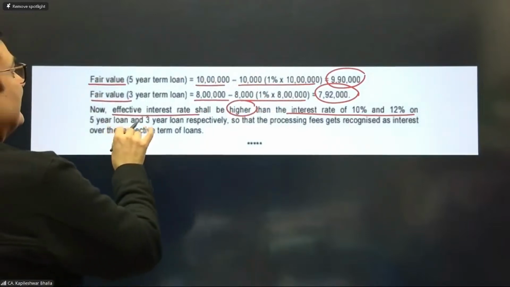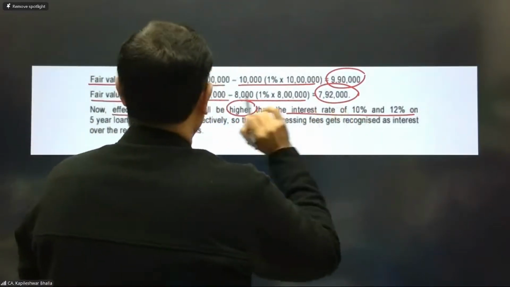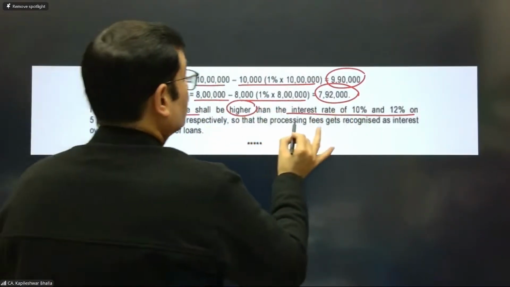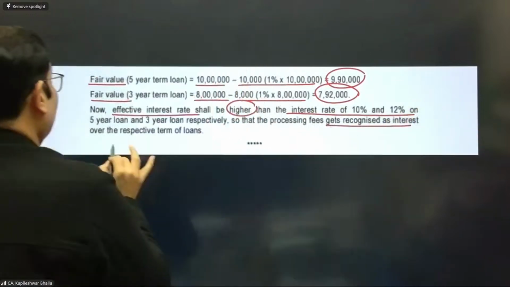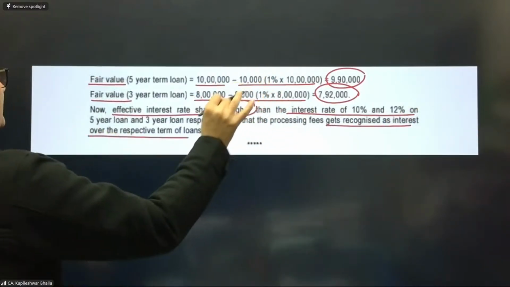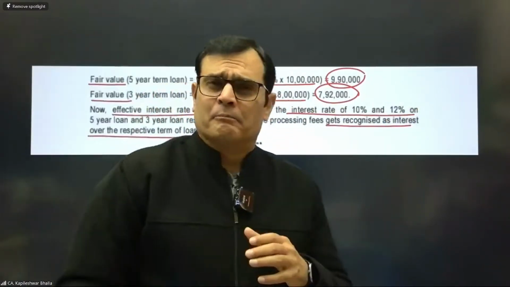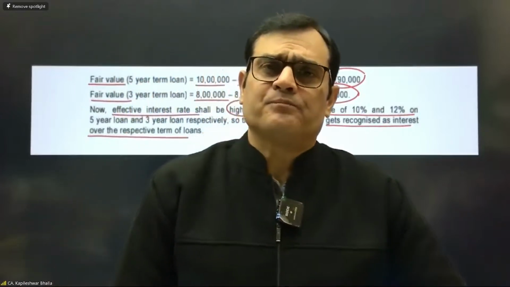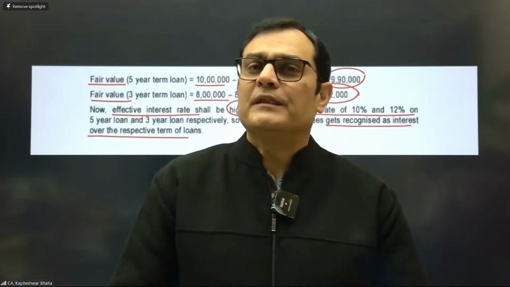So the EIR shall be higher than 10 and 12% so that the processing fee gets recognized as interest over the respective term loans. Basically, in terms of TC and processing fee, when you incorporate them as a part of the EIR, indirectly they are getting deferred and recognized over the period of the instrument.